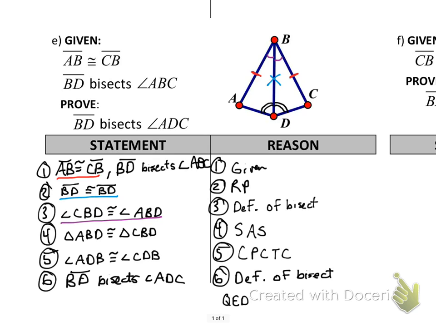Maybe in line 3, I give you the justification. You have to provide the statement. Maybe down here, I give you CPCTC, and you have to tell me what the statement is. Okay? So just keep in mind, if it's a long proof that's what I think is a little more complicated, then I wouldn't give that to you completely blank and say fill it in. But anyways, we're going through the full process right now to make it easier later.